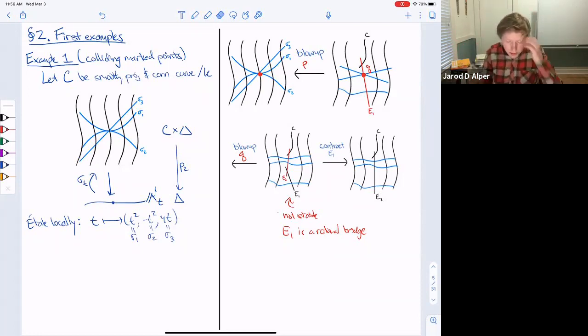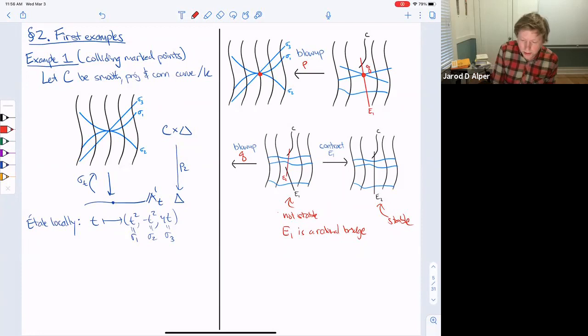And then you just contract that rational bridge in the total family. So you just remove E1 and collapse. You take the image of this section, and the sections remain disjoint and the central fiber is stable. Okay.